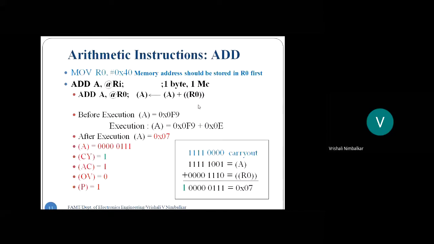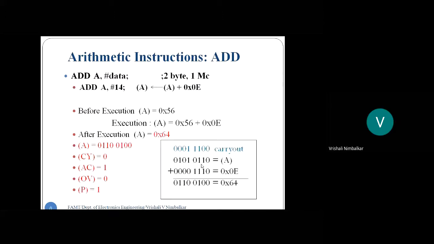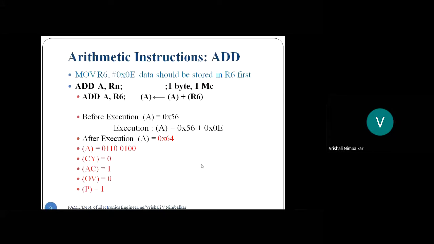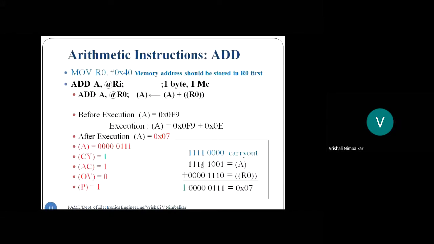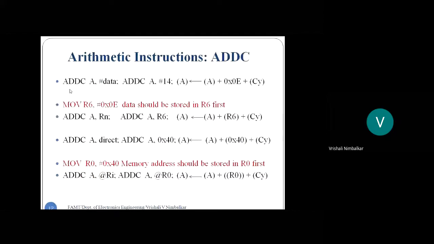So that was related to ADD. So we saw all the 4 addressing modes. Okay, students. ADD A, #data, ADD A, Rn, ADD A, direct, ADD A, @Ri. Okay. Now on a parallel basis, we have ADDC. All the 4 formats available. So ADDC, #data.